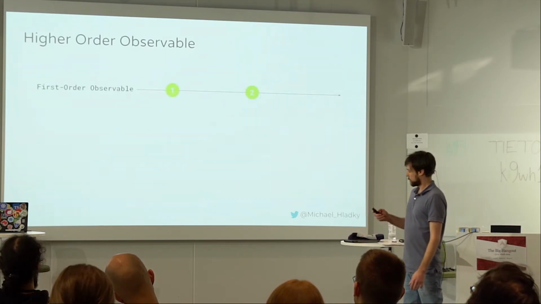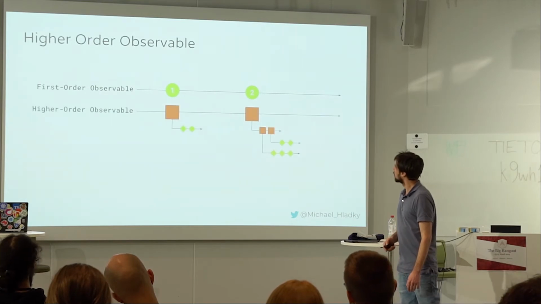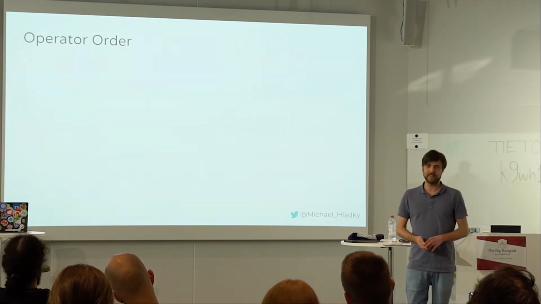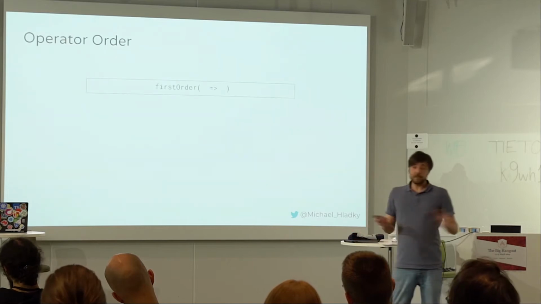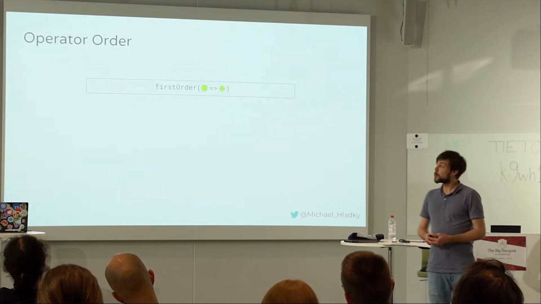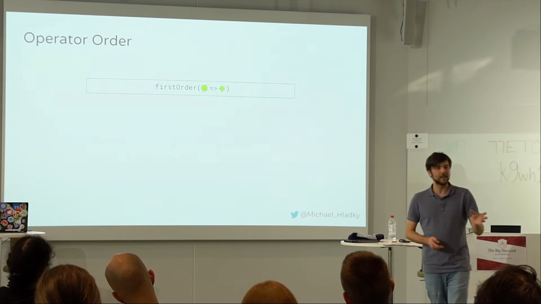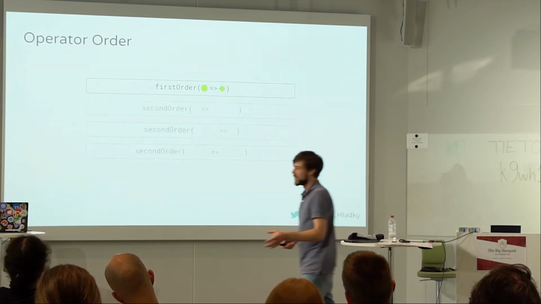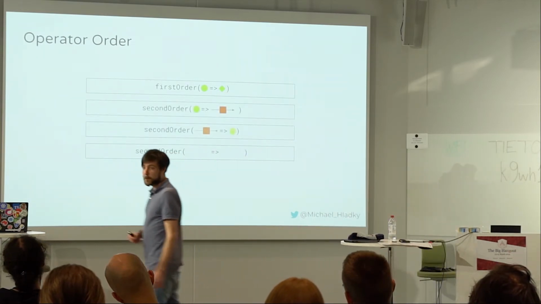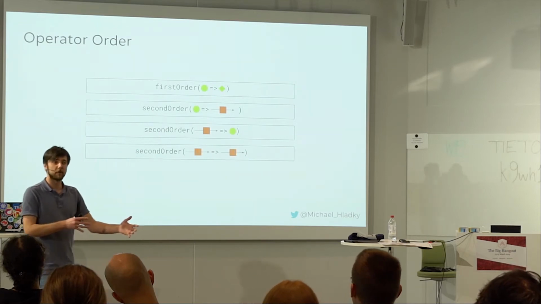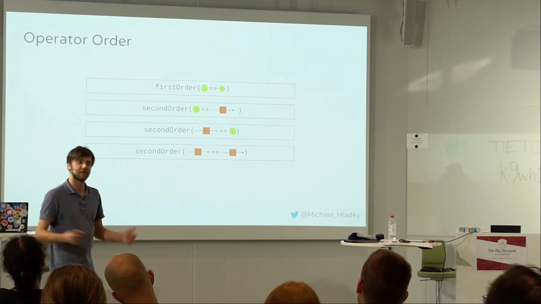And then there are operators. There are first order operators, and first order operators transform single values to other single values. There are second order operators. They either take an observable or return an observable or do both.